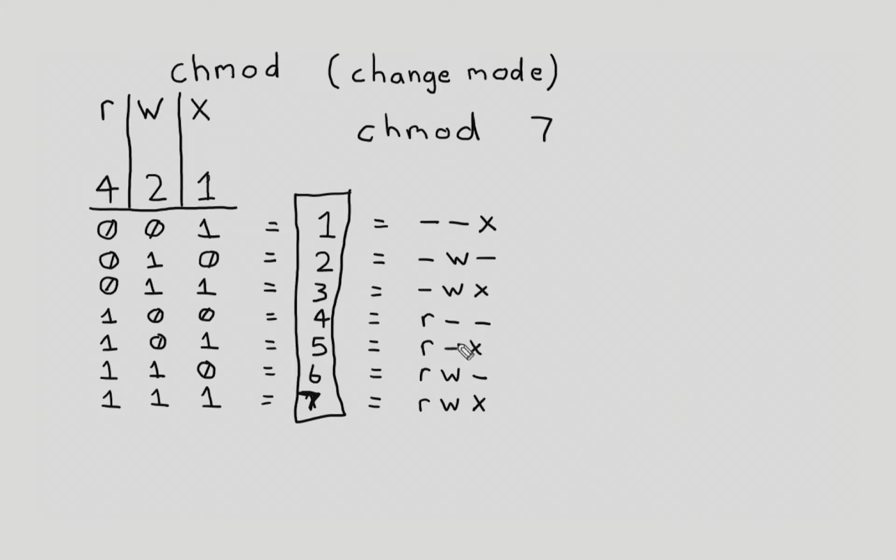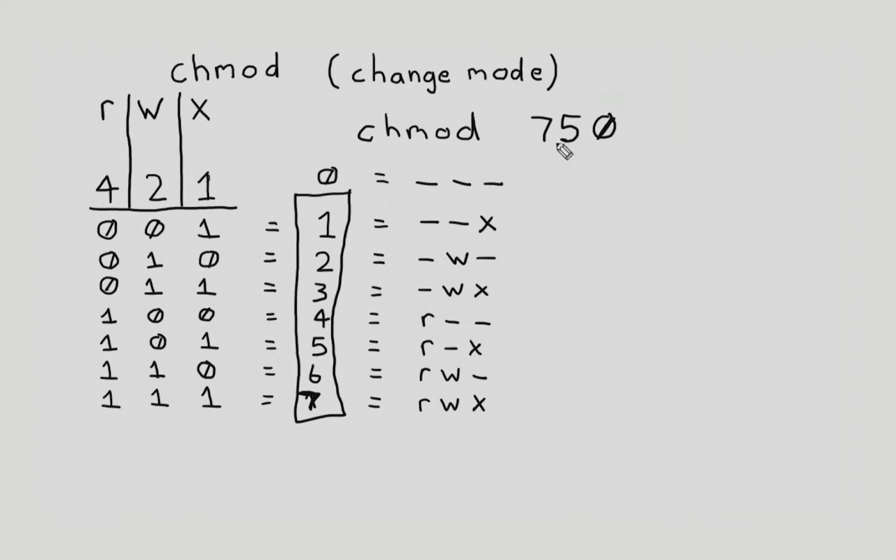So read and execute is 5 in octal. And then say we didn't want to give any permissions to other. So no permissions, we didn't really write it on here, but I'm sure you could assume that 0 is equal to nothing, nothing, nothing.